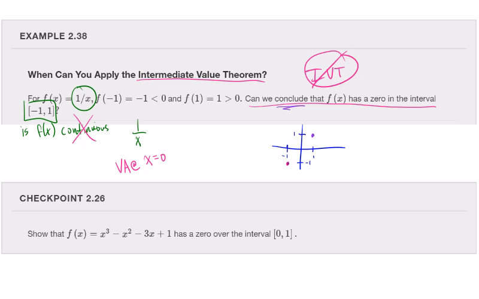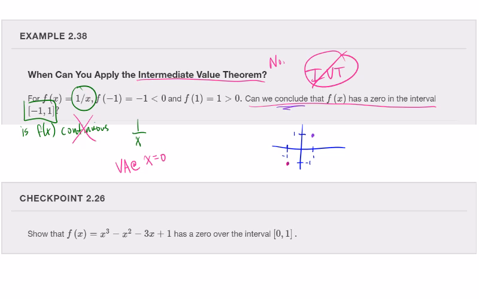In order to apply the intermediate value theorem, the function has to be continuous on that entire interval, and that's not the case here. So IVT doesn't work. The answer would be no, because f of x is not continuous on the interval from -1 to 1. Okay.